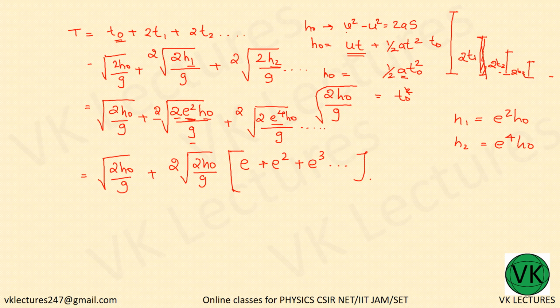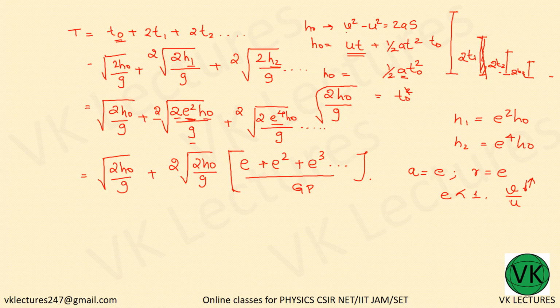Now here you see this is a geometric progression with the first term a equal to e, and the common ratio r is equal to e. Now this e value is always less than 1 because it is the upward motion velocity divided by the incoming velocity.